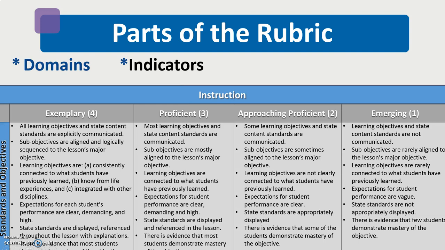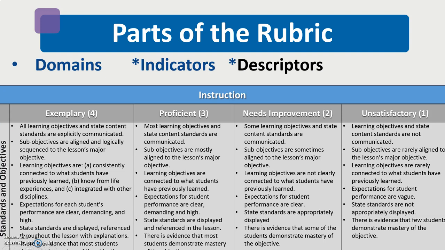There are multiple indicators within each domain. So the first indicator we see within this domain of instruction is standards and objectives. The indicators are listed alongside the left-hand side of the rubric. The domains will always be at the top.